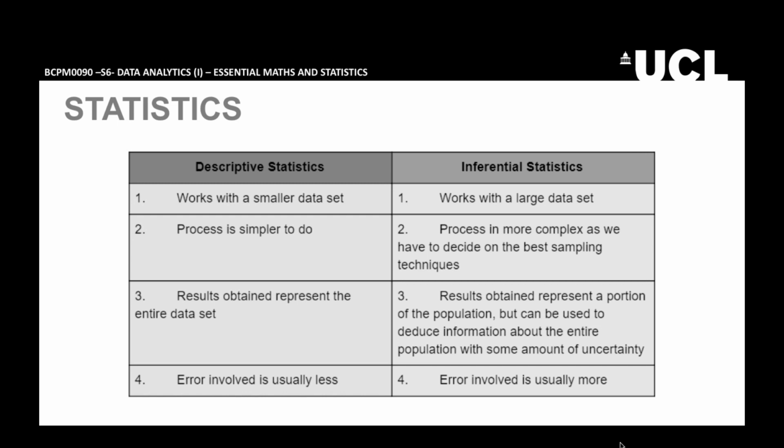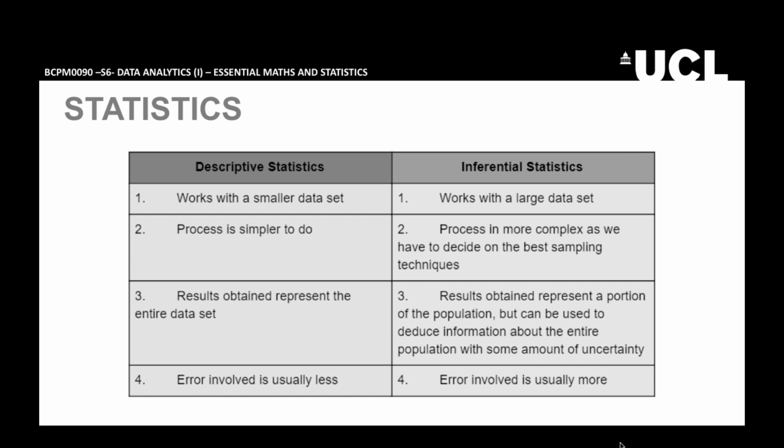Here you have some basic differences between descriptive and inferential statistics. Usually, descriptive statistics works with a smaller dataset. Processes are simpler than the inferential statistics processes. The results represent the entire dataset because we are working with a reasonably small dataset, while in inferential statistics the results will represent a portion of the population, a sample.